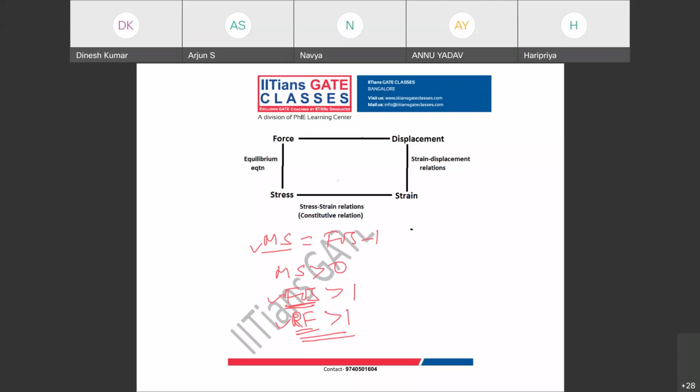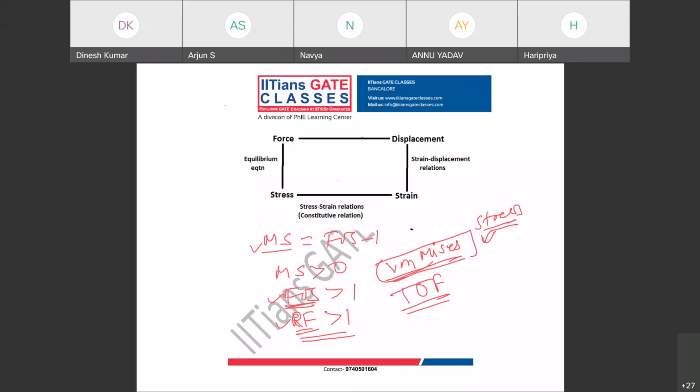Then we have the combined stresses also, like principal stress, or sometimes you might have heard about von Mises stress. Have you guys heard about von Mises stress? No, sir. Okay. So this von Mises stress we are going to study when we study theory of failures. Most of the industry uses von Mises stress, which is a combination of different stresses. So we'll talk about that later.